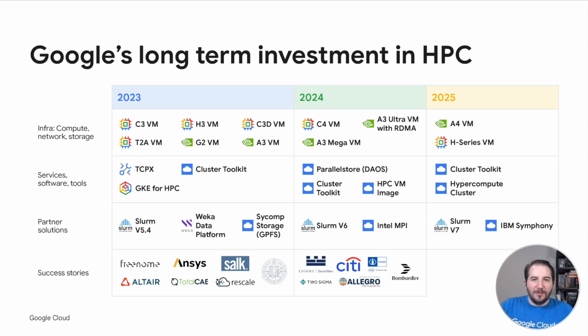In services and software, you can see the work we've done to build our own tools and managed services to simplify running HPC in Google Cloud. And in partner solutions, you can see the investments we've made along with our partners to drive support and optimizations in Google Cloud for their job schedulers, storage systems, end user applications, and so on.